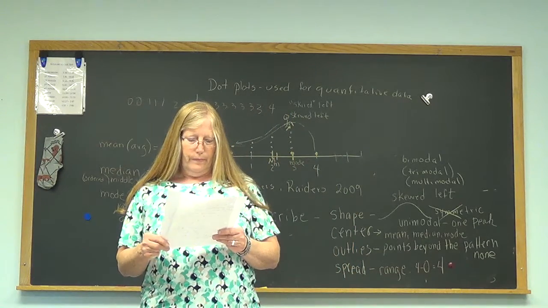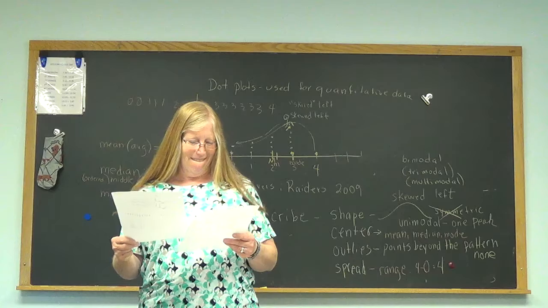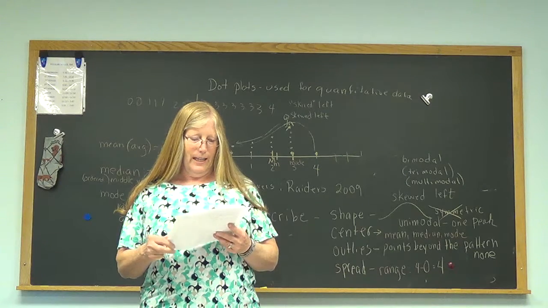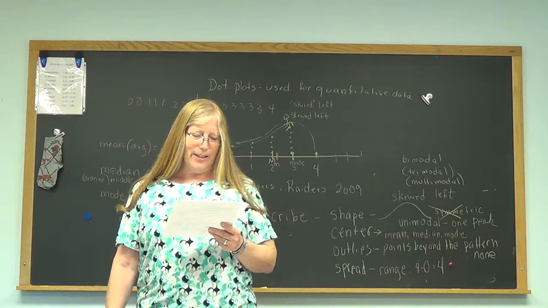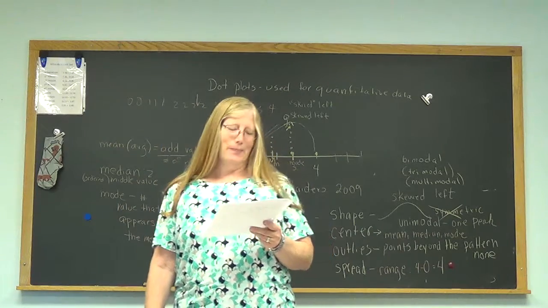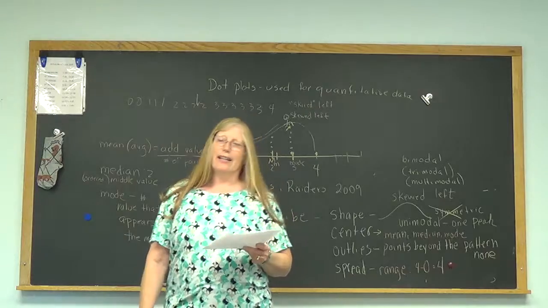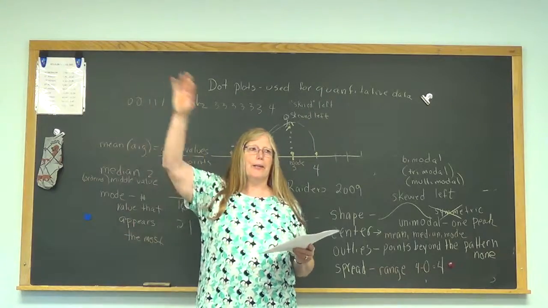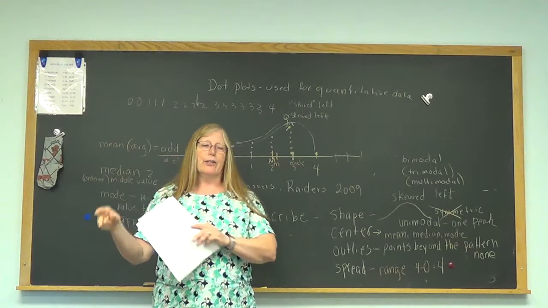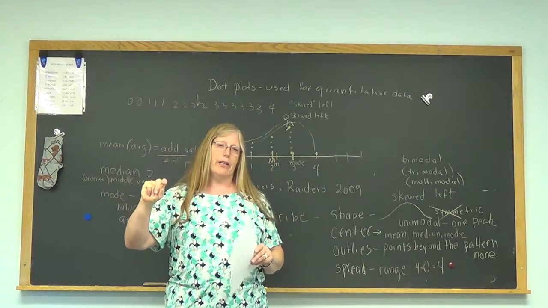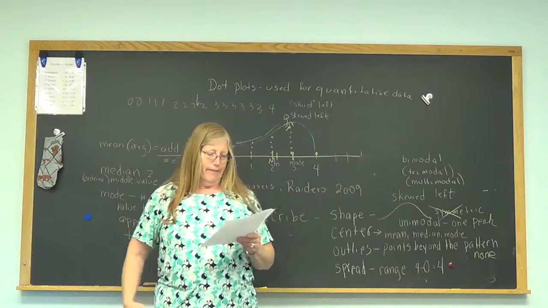Would we say that it's bimodal? I would not. I would say that one is unimodal. Why? One big peak. That peak is so big. The other ones are almost insignificant compared to it. So you do not ignore the slight variations, unless another one matched the biggest peak.